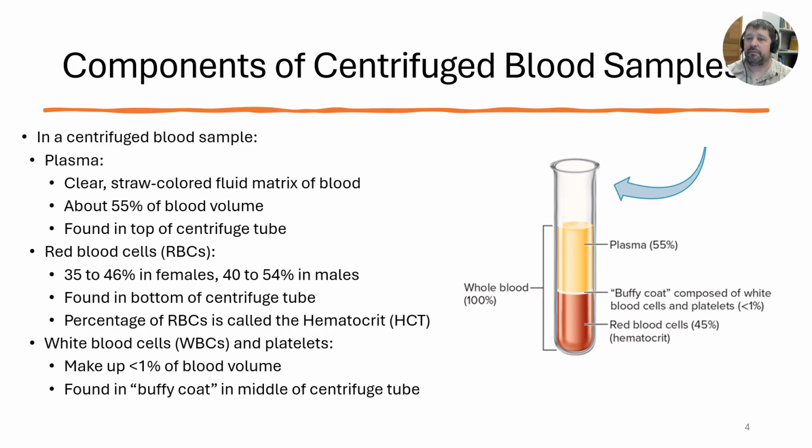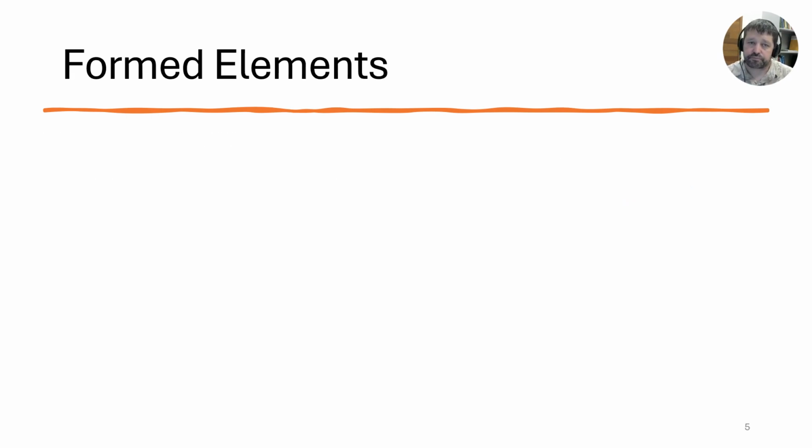Maybe they're sick, maybe they have a parasite, maybe they have cancer, like leukemia, which is going to produce lots and lots of white blood cells. Remember, cancer is just uncontrolled cell growth. So if you have cancer of white blood cells, then it's kicking out lots and lots of white blood cells, and you might have a really thick layer of white blood cells there.